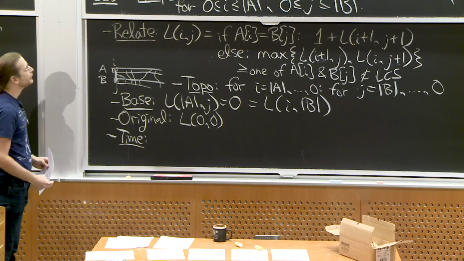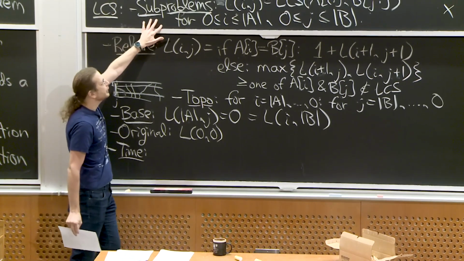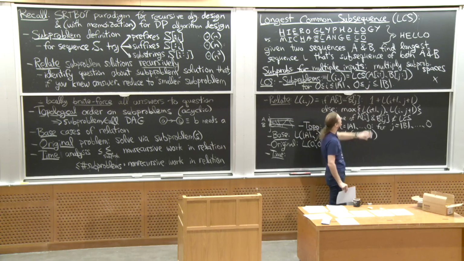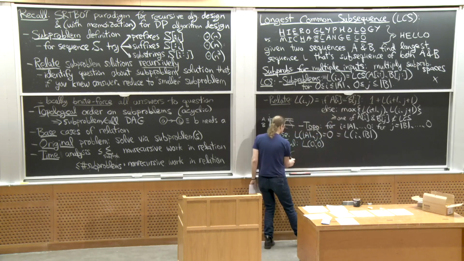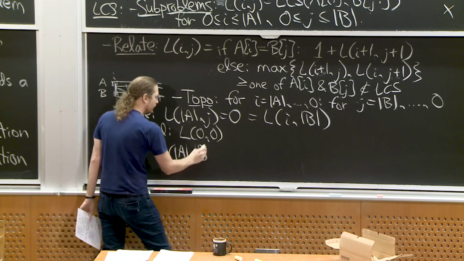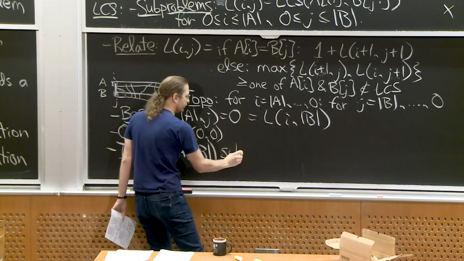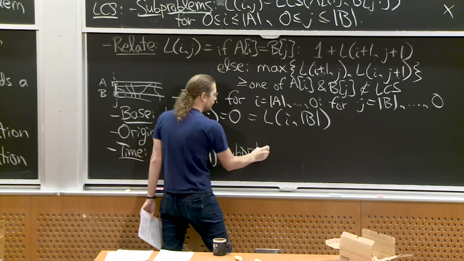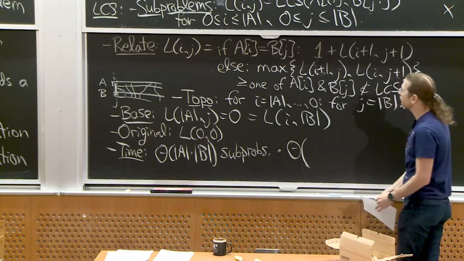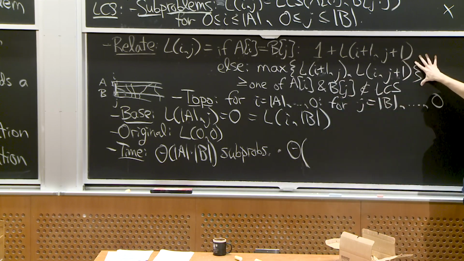OK, so for time, we need to know how many subproblems there are. It's |A| plus 1 times |B| plus 1. I'll just call that theta(|A||B|). Assume these are non-empty subsequences. So this is the number of subproblems. And then what we care about is how much time do we spend for each subproblem in evaluating this recurrence relation.